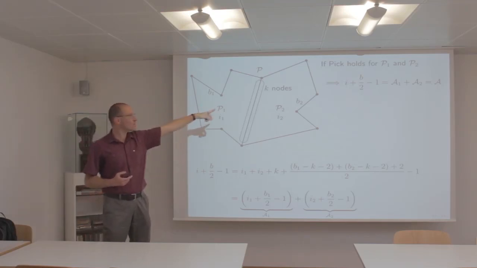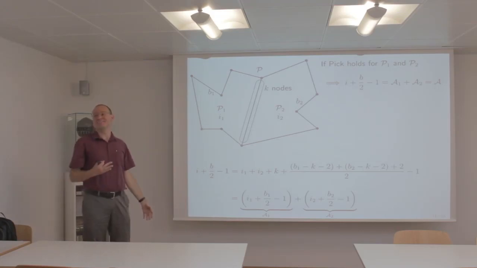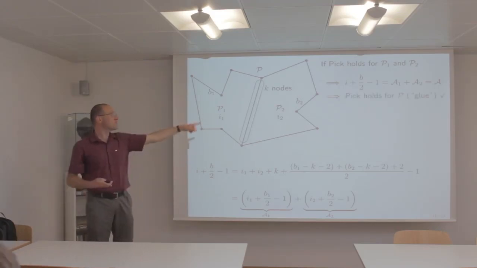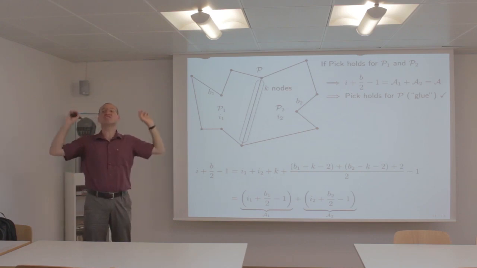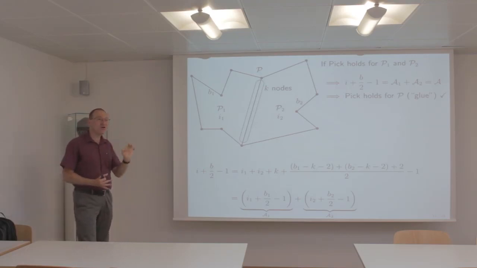And therefore the quantity from Pick's formula for the big polygon is equal to the area. And this proves Pick's formula for P, therefore you can glue. You can glue polygons which satisfy Pick's formula, and at the end you do get a polygon which also satisfies Pick's formula. But you see, this was not automatic.